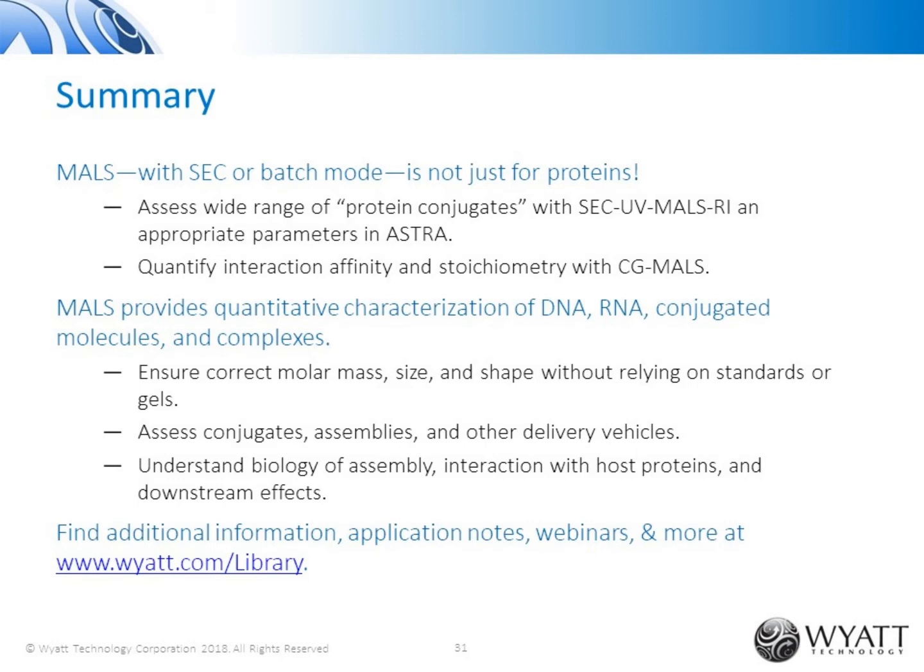How do differences in dn/dc for proteins versus nucleic acids influence analysis? The molar mass that we measure from light scattering is proportional to the dn/dc squared. So by knowing that value, either for proteins or nucleic acids in the solvent of interest, so in your buffer solution, is how we are able to measure the molar mass.